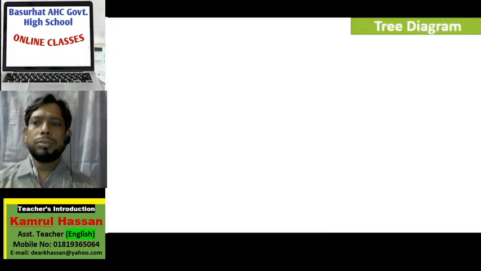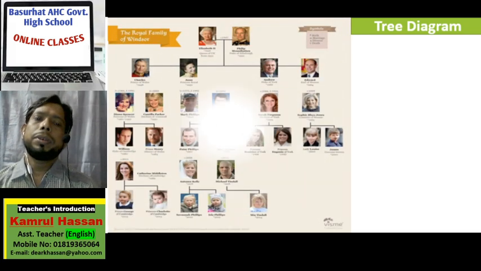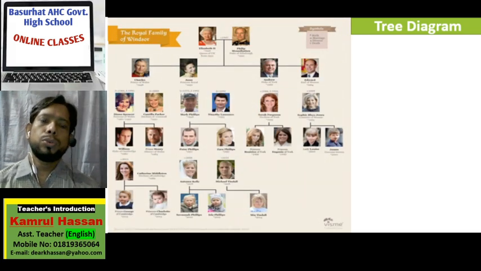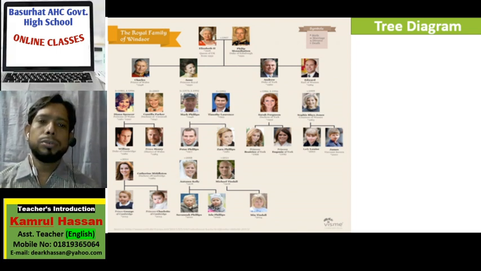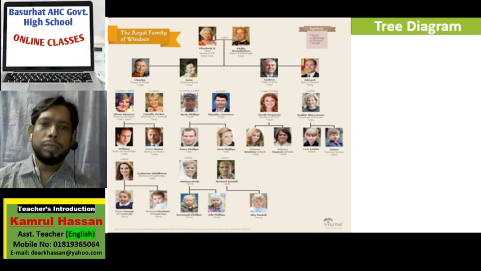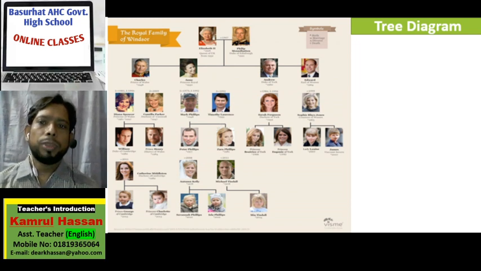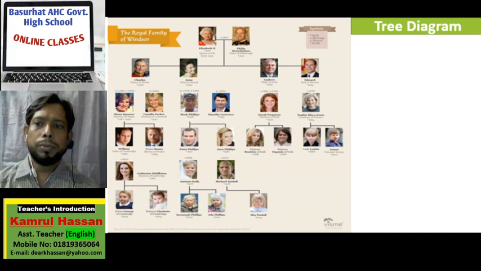So this is called a tree diagram. A tree diagram is used to describe our family background. That means if we want to describe our family background, our forefathers, the introduction and identity of our forefathers, then we can use this diagram, this graph. Look, the graph is described through branches.